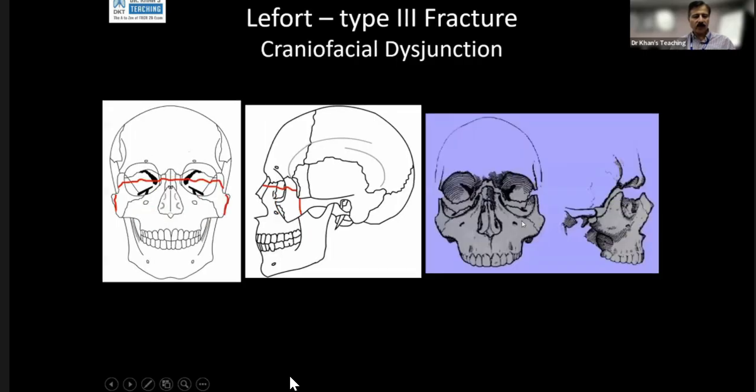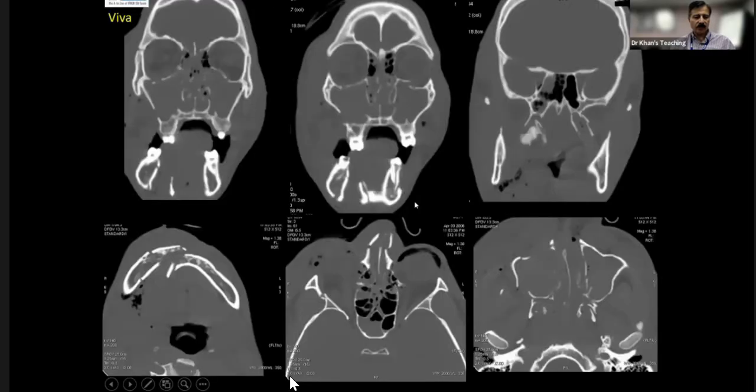And in the third one, what happens? Other than the medial wall, the lateral wall of the orbit is also involved. So this is known as craniofacial disjunction. So basically, the whole of the facial skeleton will be sort of mobile, and there will be a disjunction between this and the cranial cavity. So can you describe the findings on this one?